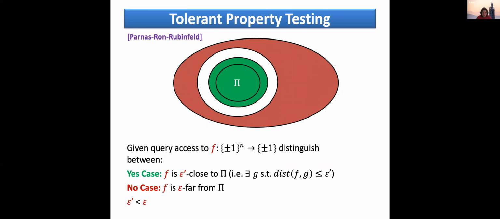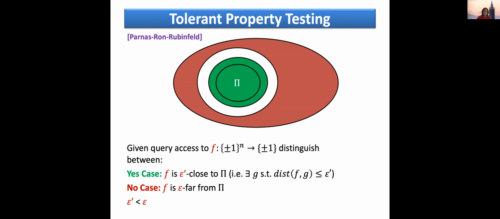So what we'll be focusing on today is actually a slightly generalized notion of property testing known as tolerant property testing. In this case, the only difference is that now the yes case is not that f has the property, but instead that it is epsilon prime close to pi, meaning there exists some g that has the property and the distance of f and g is at most epsilon prime.